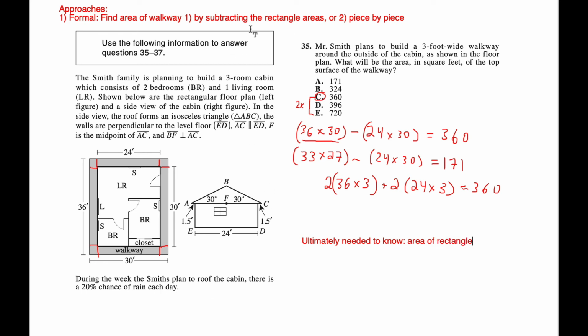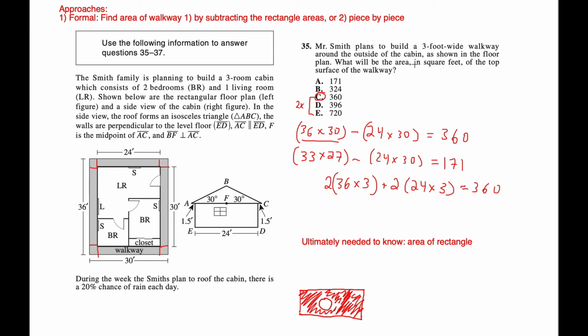And then if we had done it this first way of subtracting the rectangle areas, that also comes down to this conceptual understanding that is tested every once in a while in the ACT, that when we have some shape, for example, we'll just make another rectangle, and let's say there's like a circle inside, and they ask for the area of the shaded region, that one way to get that shaded region is to find the area of the bigger shape, and then find the area of the shape inside of it that's not shaded, and then just subtract it. And then whatever's left over is going to be the shaded part. So that is also sort of being tested here.